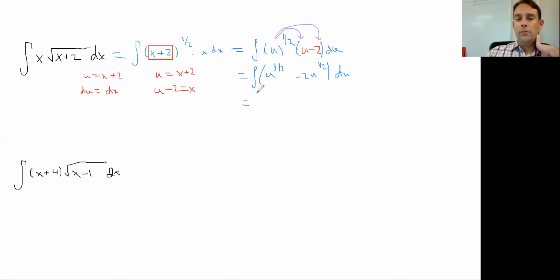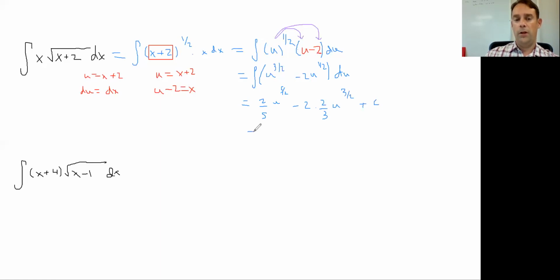All righty, so we go ahead and we do our integration. So 2/5 u to the 5/2 minus 2 times 2/3 u to the 3/2 plus c.